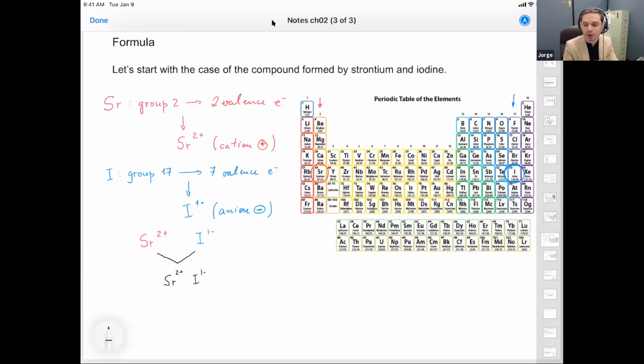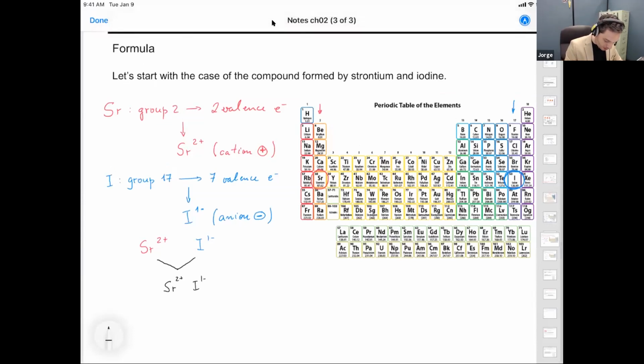It needs to have two iodines to satisfy this compound, okay? So therefore, the way we are going to represent that one strontium is bonded to two iodines is by adding the number of iodines in the bottom right corner.